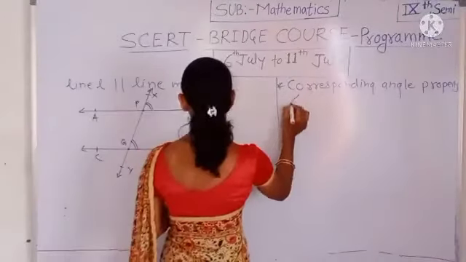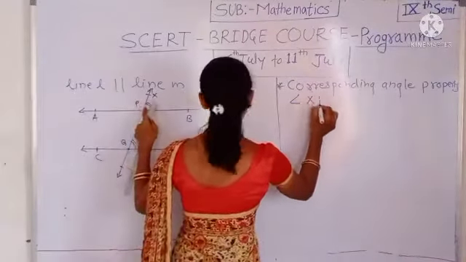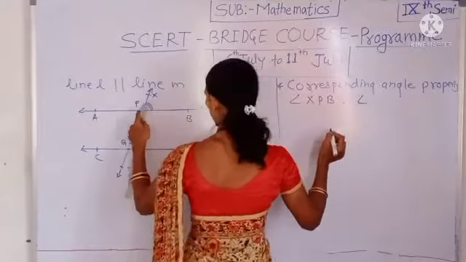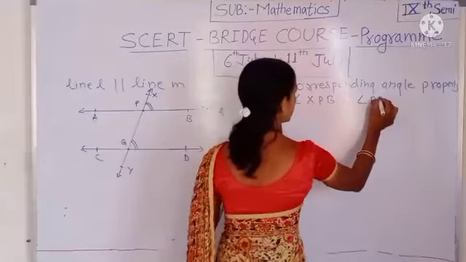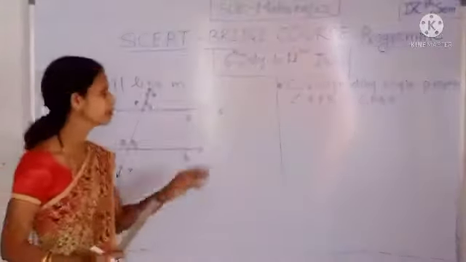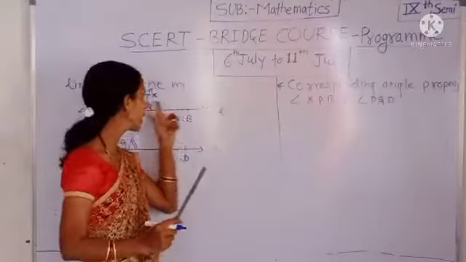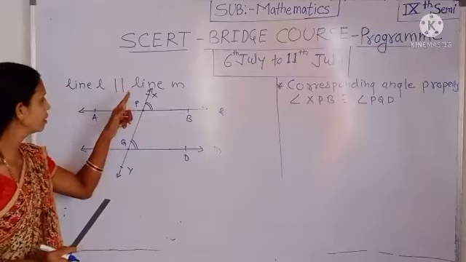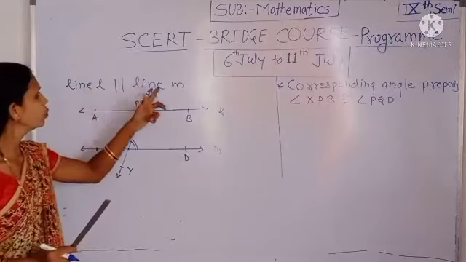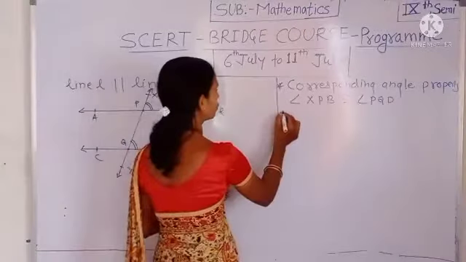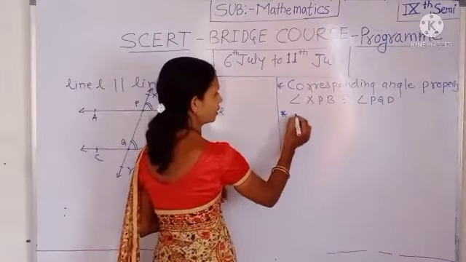That means angle XPB is congruent to angle PQD. The corresponding angles formed by a transversal on two parallel lines are congruent. That is the corresponding angle property.